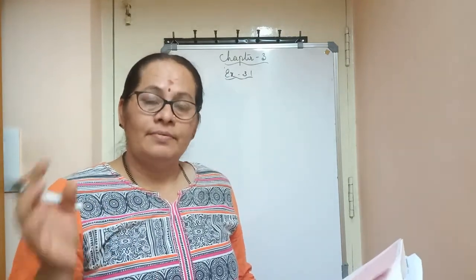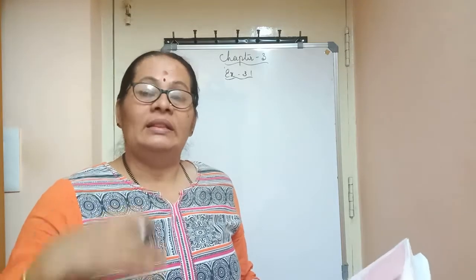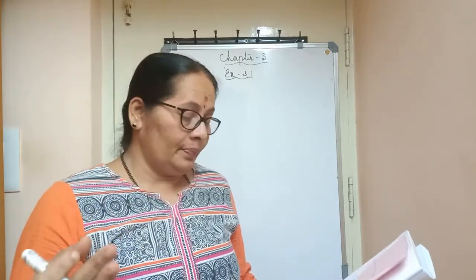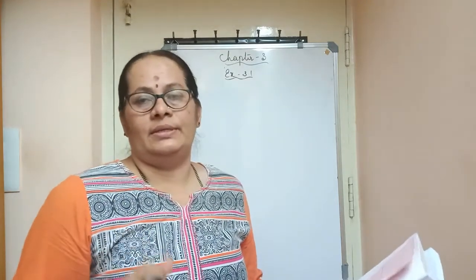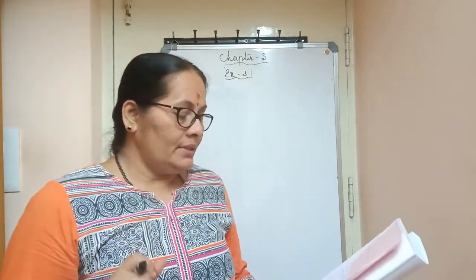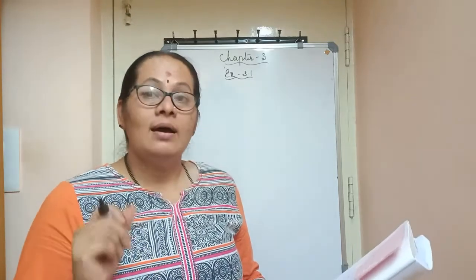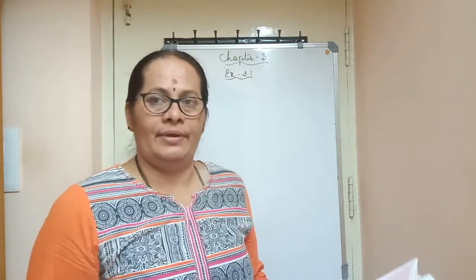That means Aftab's age will be 3 times his daughter's age. Represent this situation algebraically and graphically.